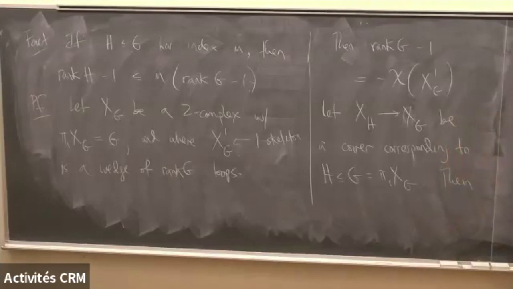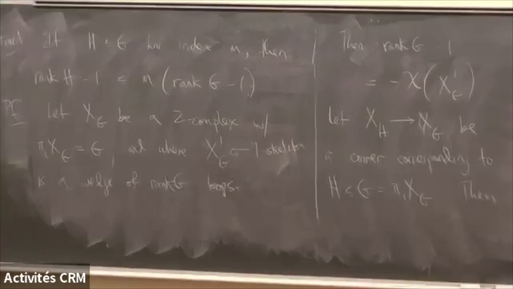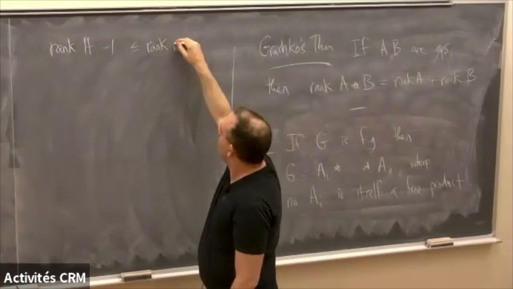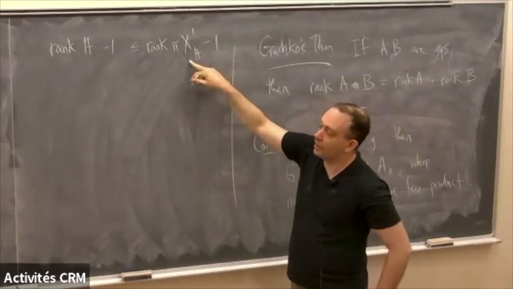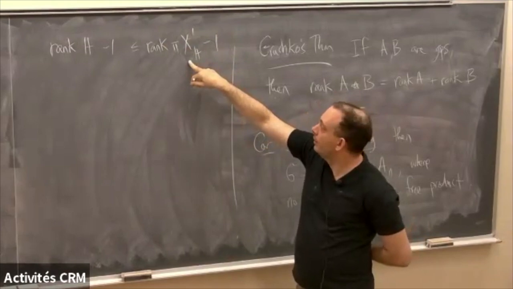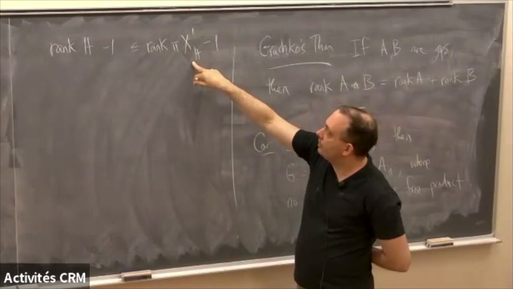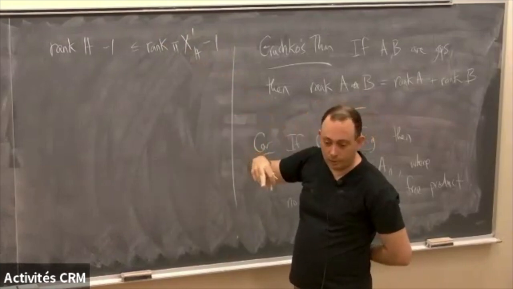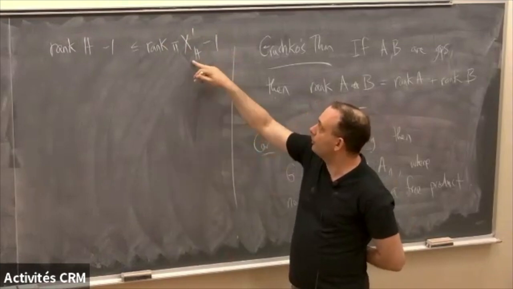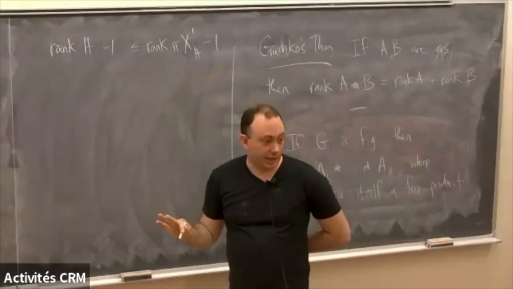Okay, and then we can derive the formula by saying that if I look at rank H minus 1, okay, so what's that? Well, I can look at the one skeleton of this cover, and I don't know that the loops in this one skeleton of the cover generate H efficiently.